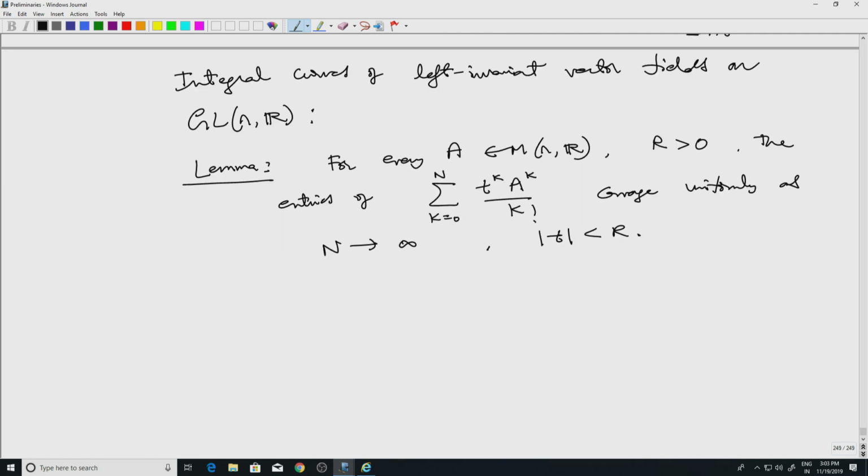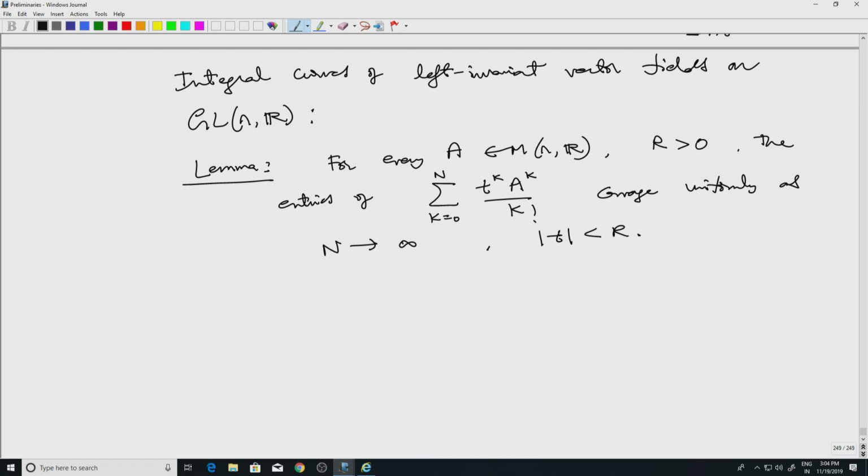So for every capital N I get a finite sum of these matrices, which will give me again an element of M(n,R).